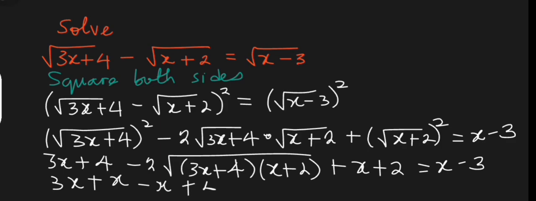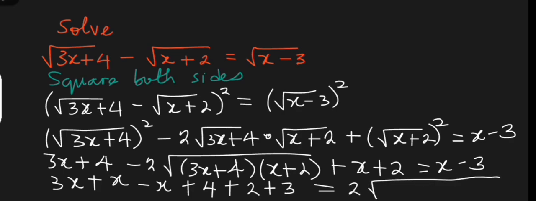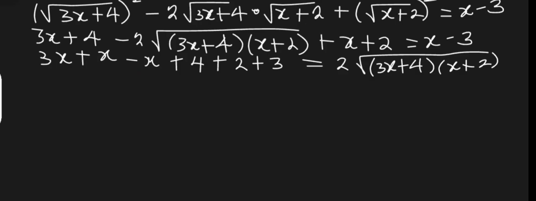Then the numeric terms, plus 4 plus 2, and adding 3 gives plus 3. While on the right hand side, it is 2 times the square root of 3x plus 4 times x plus 2. So that on the left, we've got 3x plus 9.